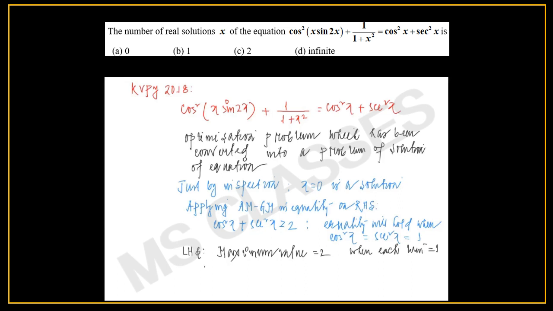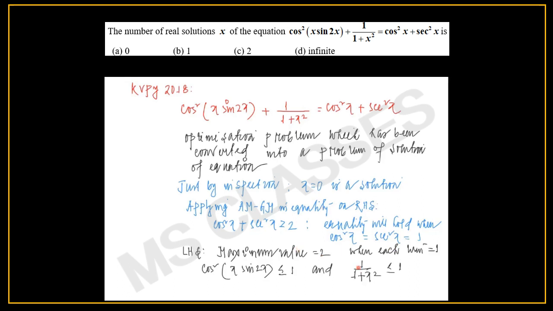Why? Because we know cos square of something is always less than or equal to 1, and 1 by 1 plus x square is also less than or equal to 1. So the LHS part can at most take the value 2, and the RHS part can at least take the value 2. So equality can hold true only when all of them take the value 1.